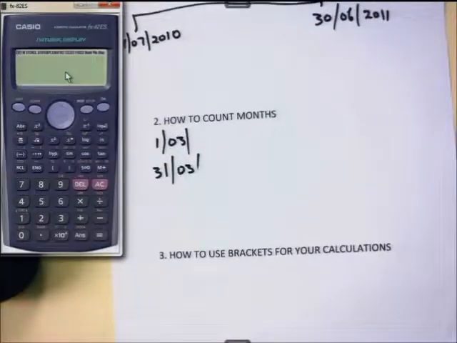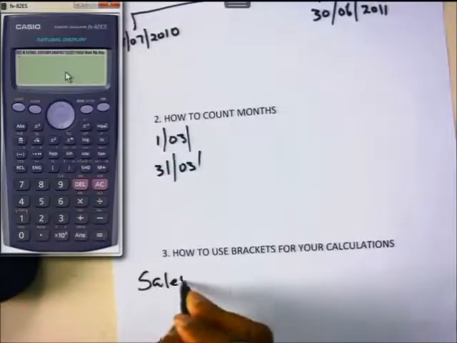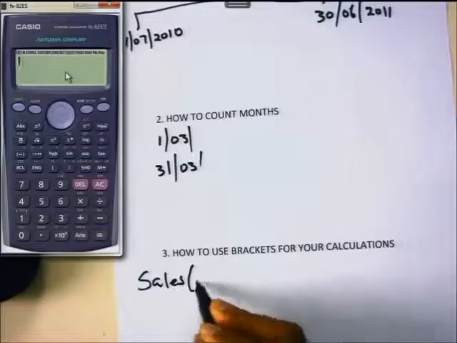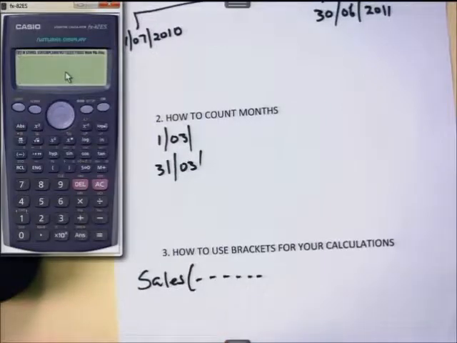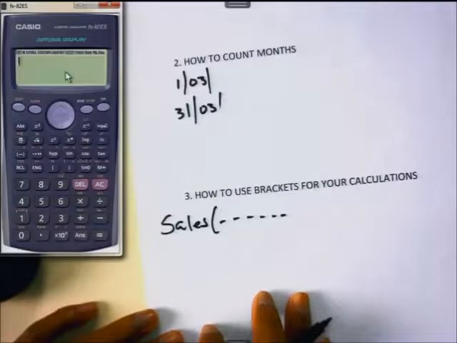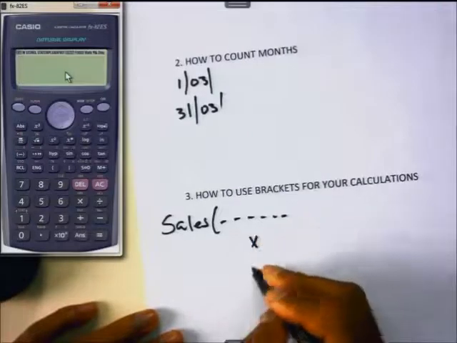Another point is how to use brackets for your calculations. When you are given the income statement, you normally say, for example, if we say sales, we must open a bracket and show our calculation in the brackets. The calculation in the brackets does not include multiply or divide.